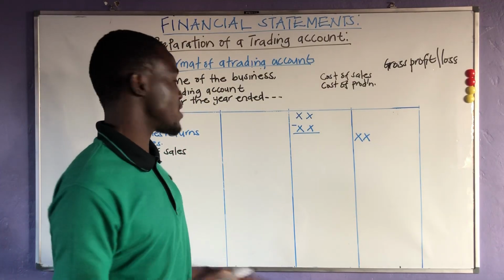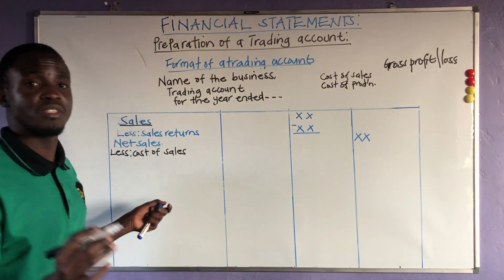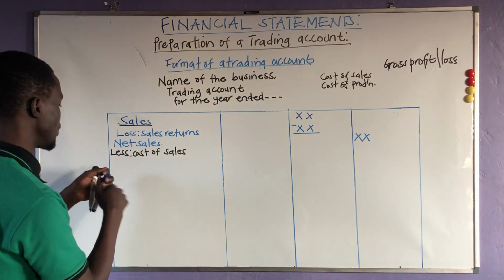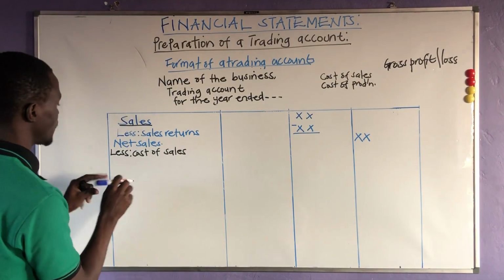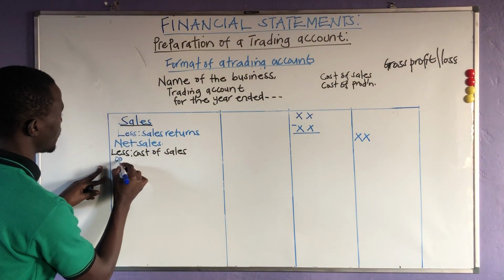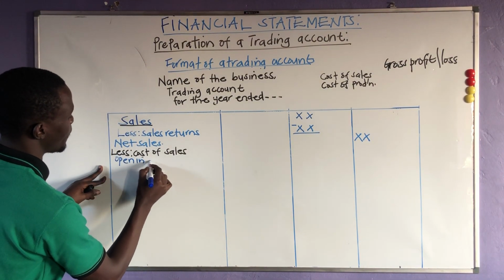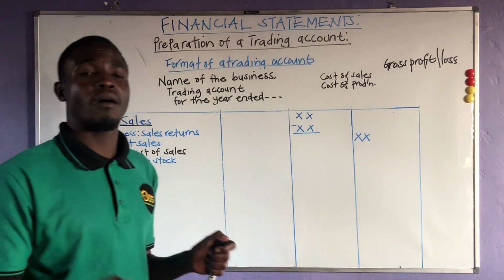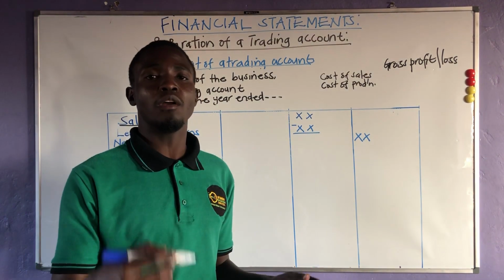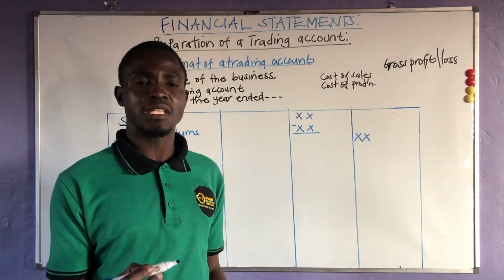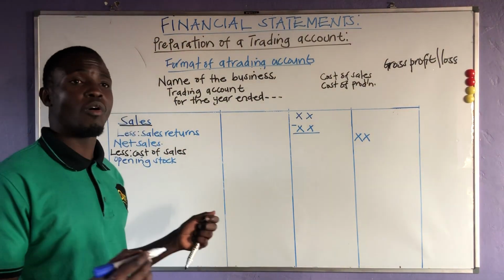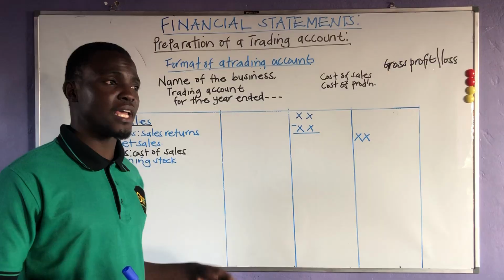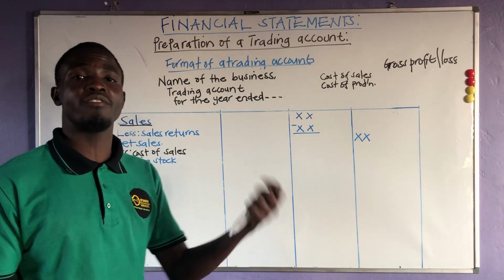The first entry we always post in the cost of sales is opening stock. Opening stock means the stock at the beginning of the financial year. Note that the opening stock of a particular year is always the closing stock of the previous year.